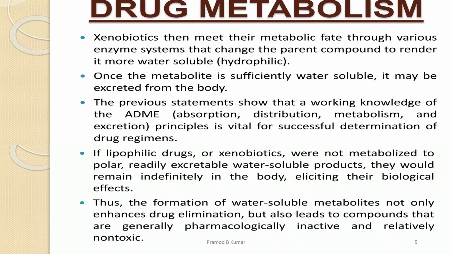That is the most important point. That is why there are two terms, phase 1 and phase 2. Phase 1 converts the drug into a more polar compound, but this cannot be excreted as such. So it has to be converted into a hydrophilic form. That happens through conjugation, where phase 2 metabolism comes in.